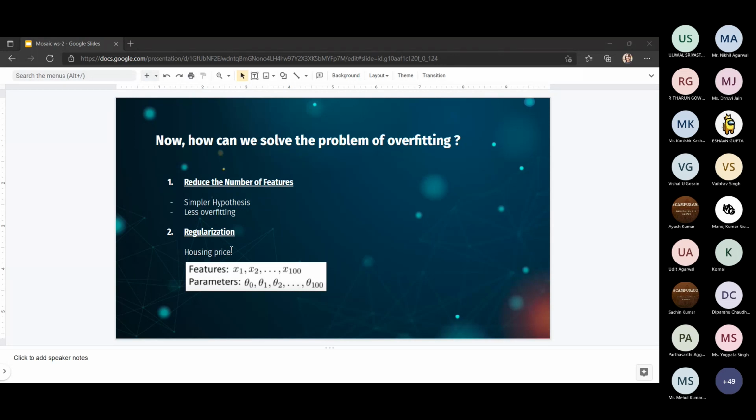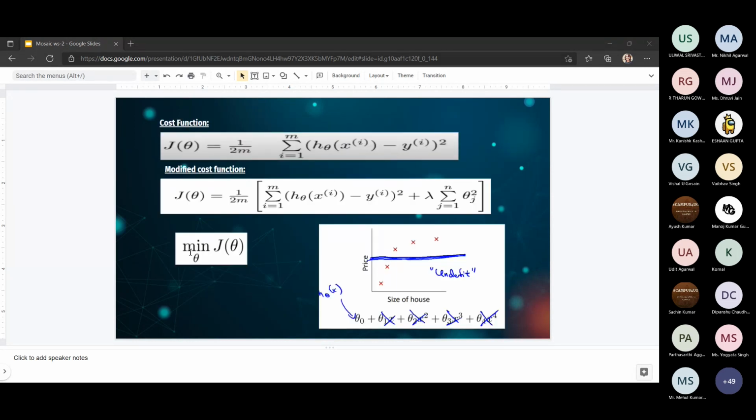Like we are now not just tuning a single or reducing a single parameter, but we will actually shrink all the parameters. Here, I have added the cost function for linear regression without regularization, and after adding regularization, our cost function will look something like this.